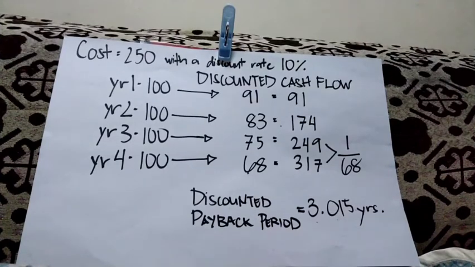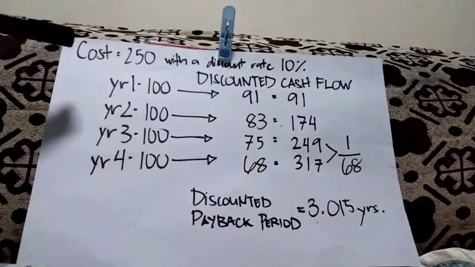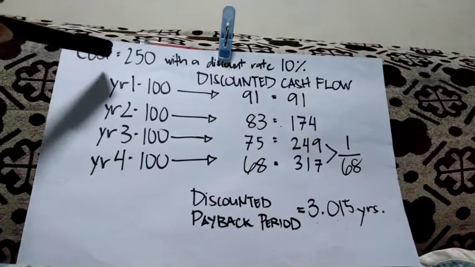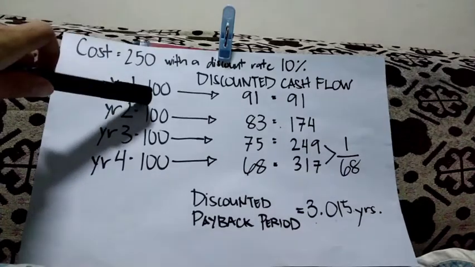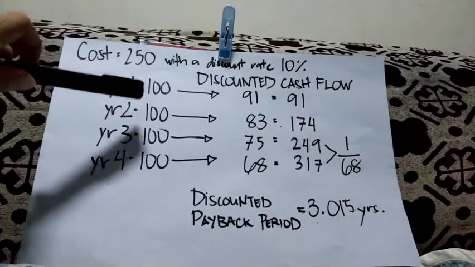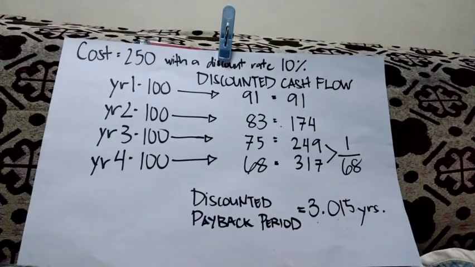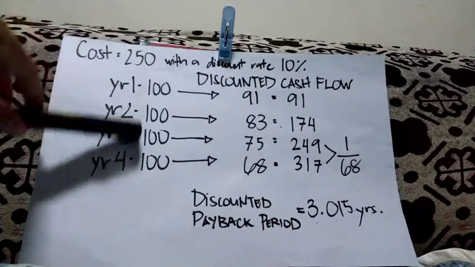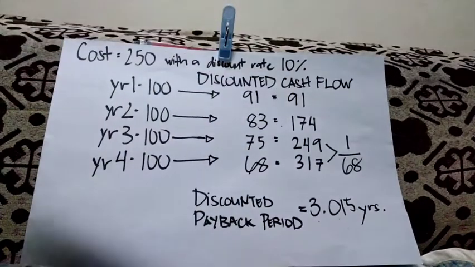The first difference is that in discounted payback period, there is a discount rate of 10%, with the same initial cost of investment, 250. In year 1 there's a 100 cash flow, year 2 100, year 3 100, year 4 100. The difference is we need to discount this cash flow with the discount rate of 10%.